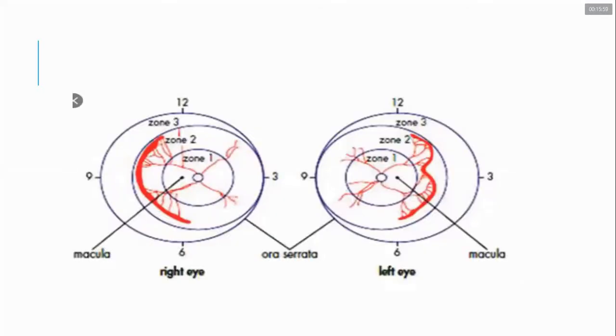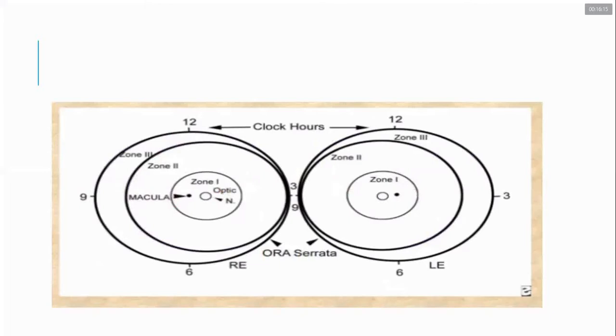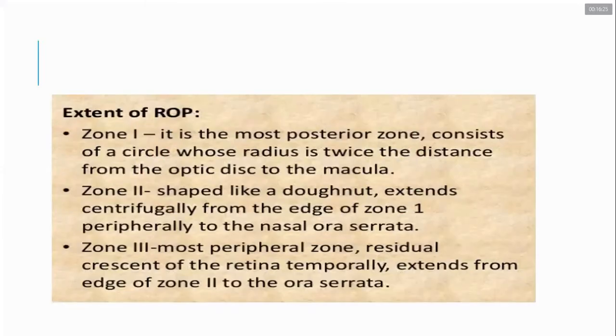So when you see this picture, you can understand where zone 1, zone 2 and zone 3 are. You can draw this picture also, just to remember zone 1, zone 2 and zone 3. By this picture, I think you are clear about the extension of zone 1, zone 2 and zone 3. So may I repeat? Zone 1 is the most posterior zone. Why is it said to be posterior?